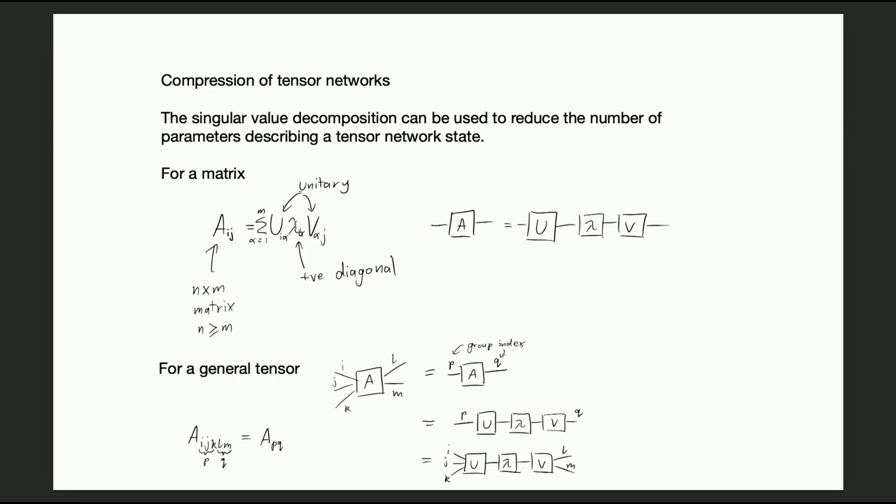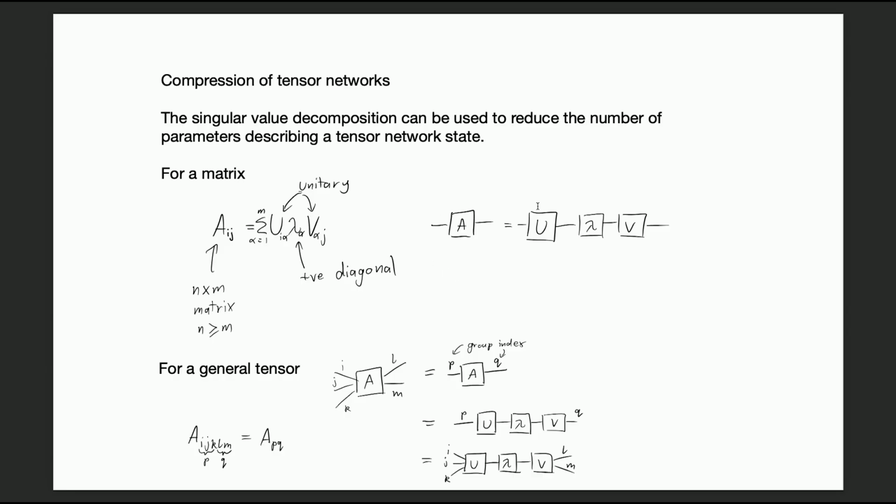Without loss of generality, you can regard the entries in this diagonal matrix as non-increasing: the first entry is the largest, the second entry is the second largest, and so on.